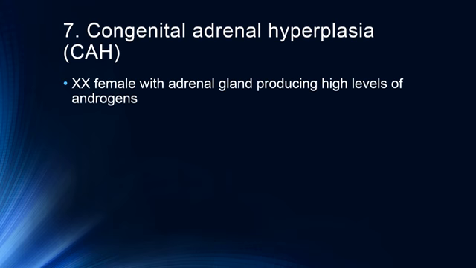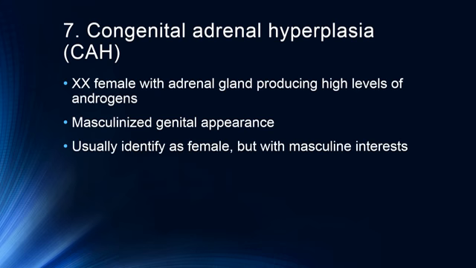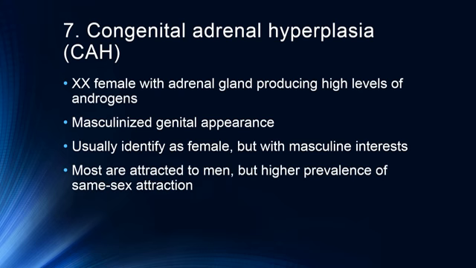Congenital adrenal hyperplasia affects XX females with adrenal glands producing high levels of androgens. They tend to have a masculinized genital appearance. They usually identify as female, but tend to have more masculine interests. Most are attracted to men, but there is a higher prevalence of same-sex attraction than you would see in the general population.